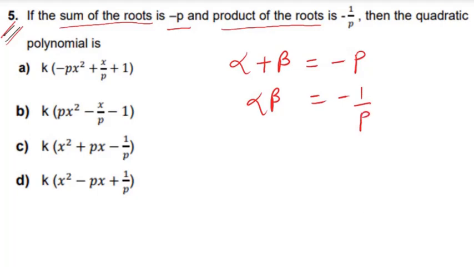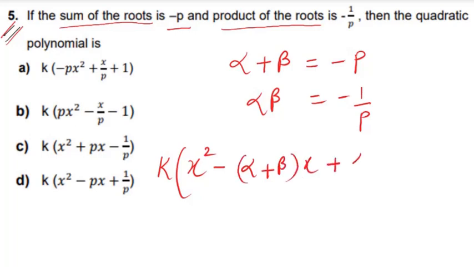Which one of these will be the quadratic polynomial? We know that it is k times x square minus sum of the roots x plus product of the roots.